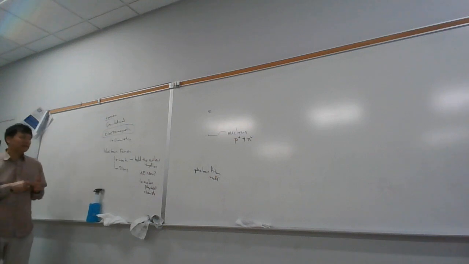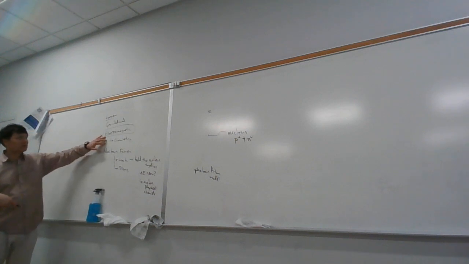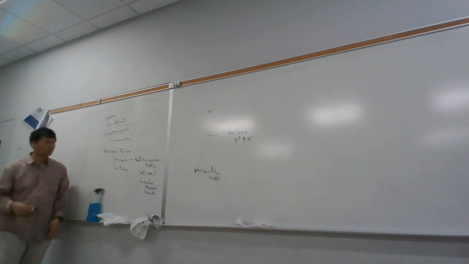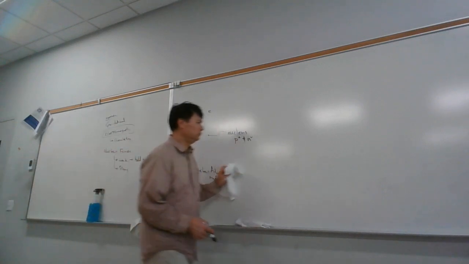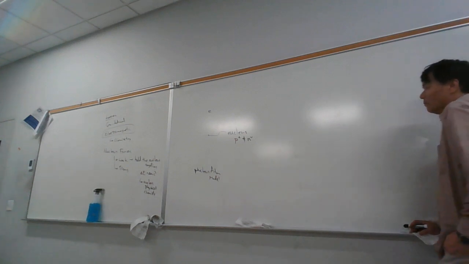It's a different set of rules, a different set of forces. For us, we're primarily interested in electrical forces. If we were interested in nuclear physics, then we'd be looking at the weak nuclear force. Okay.